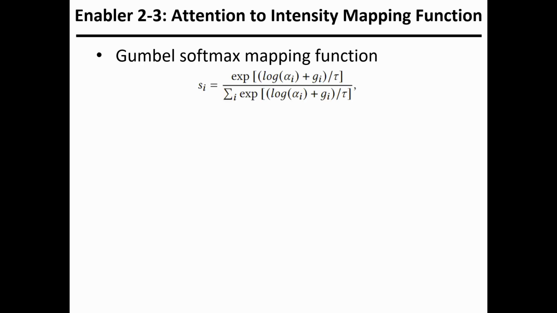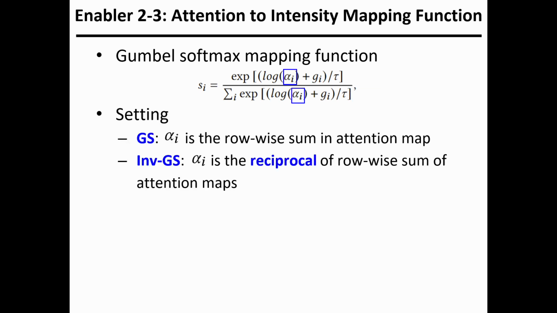And the last question we have is, given these high-level insights, how can we design a better mapping function to exploit AugViT's potential? The global softmax mapping function comes into play, and this is the description of the global softmax mapping function, where G and gamma here are a random variable and a temperature controlling how drastically we want to change the original distribution.